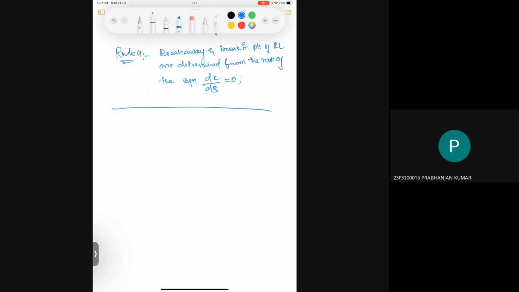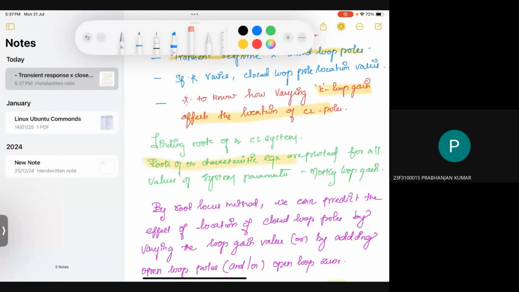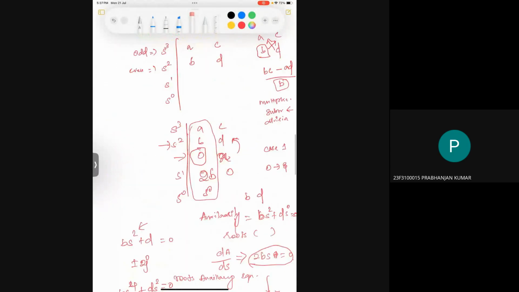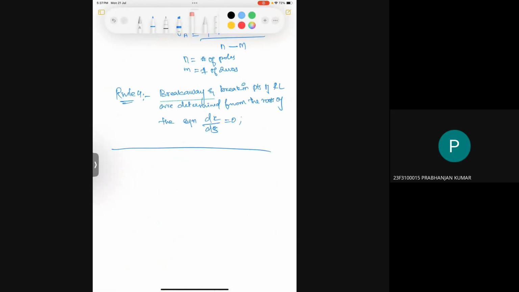First, I will take a book example. Example is, you know that this is a loop transfer function, right?